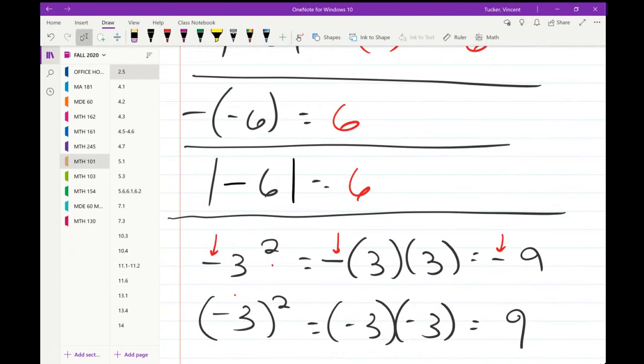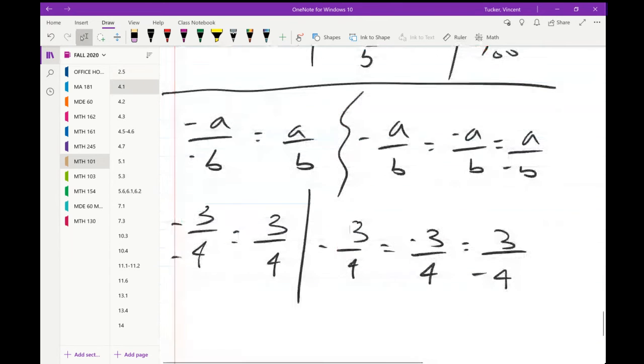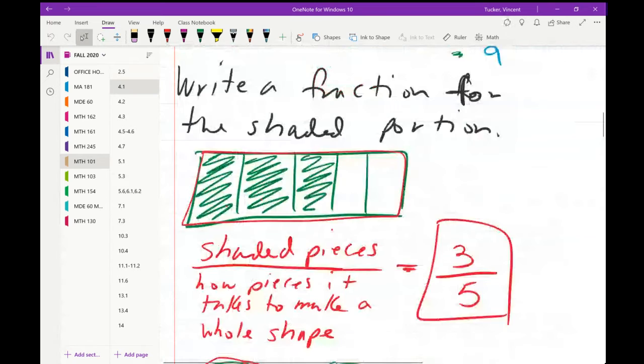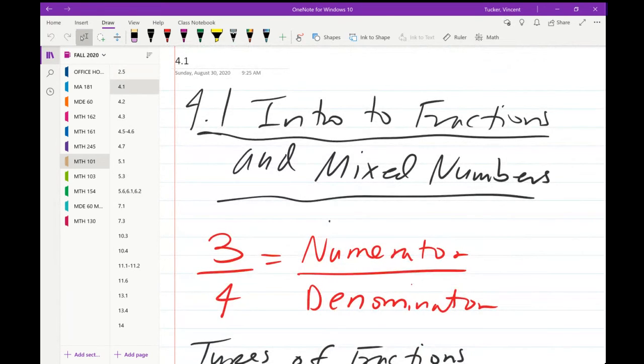Questions? Any questions? All right. Let's see what 4.1 is.